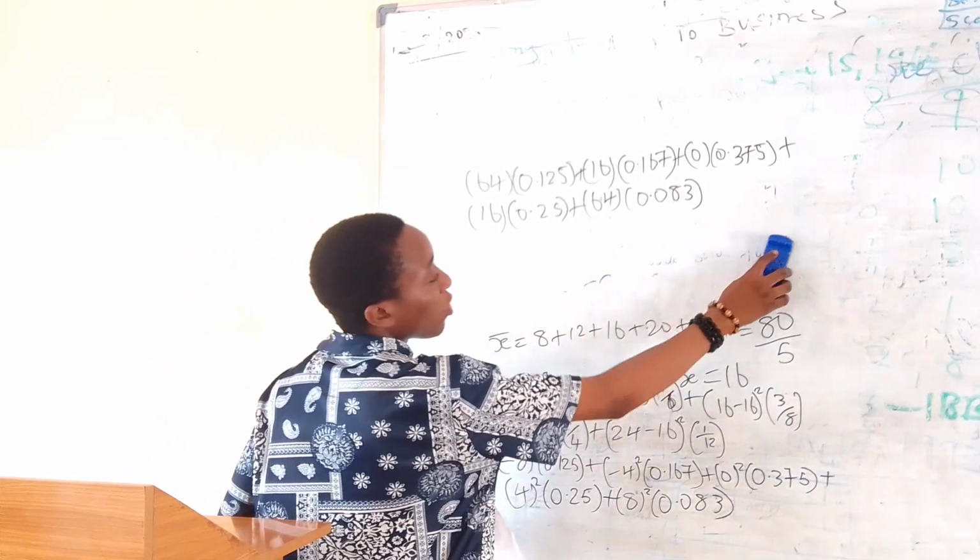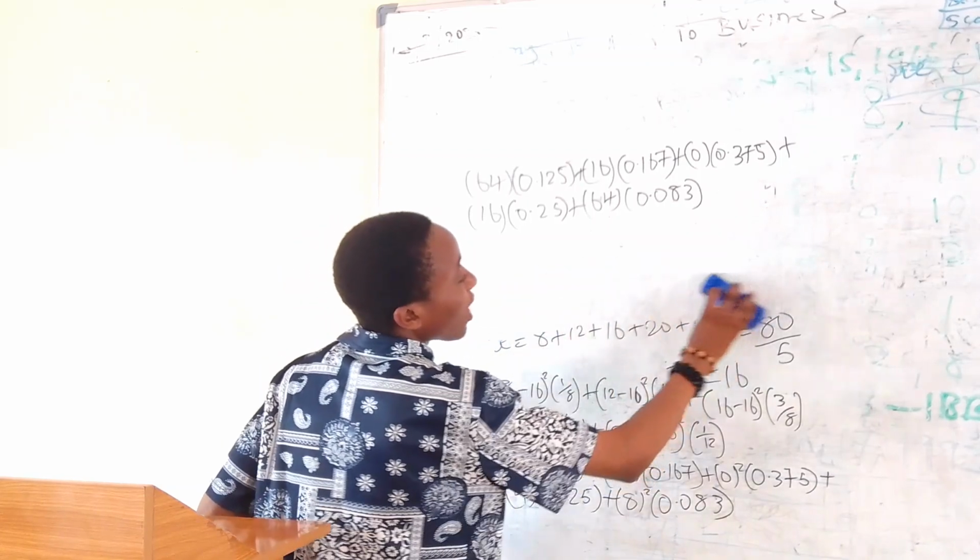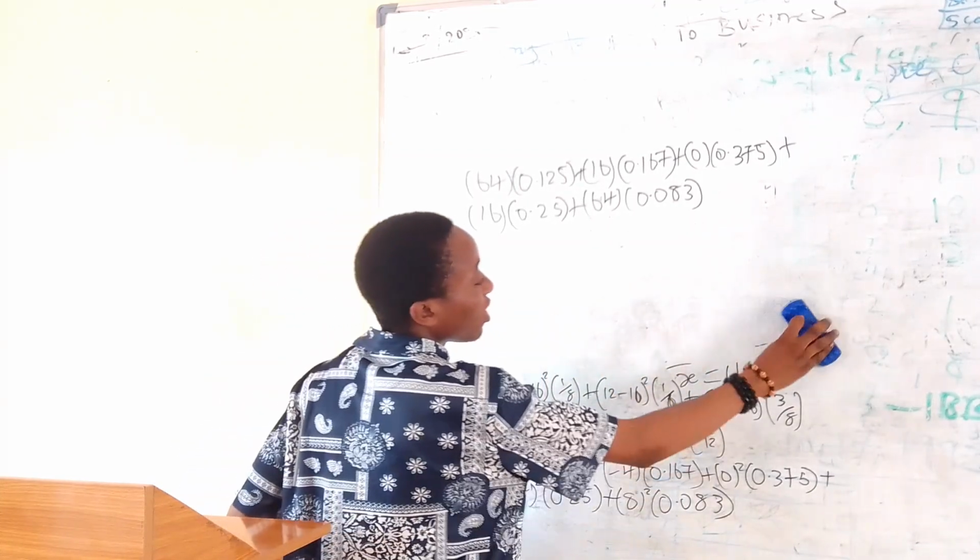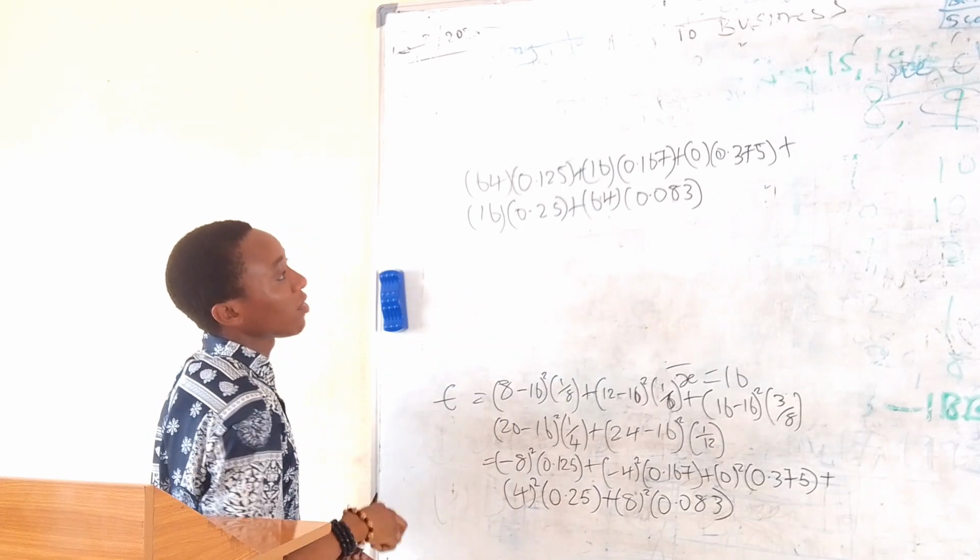So now since we've gotten to this point, we can multiply, and after multiplying, we sum the results and get our final answer.